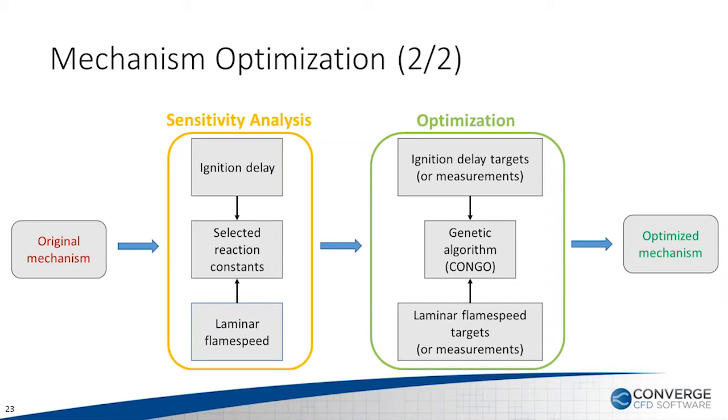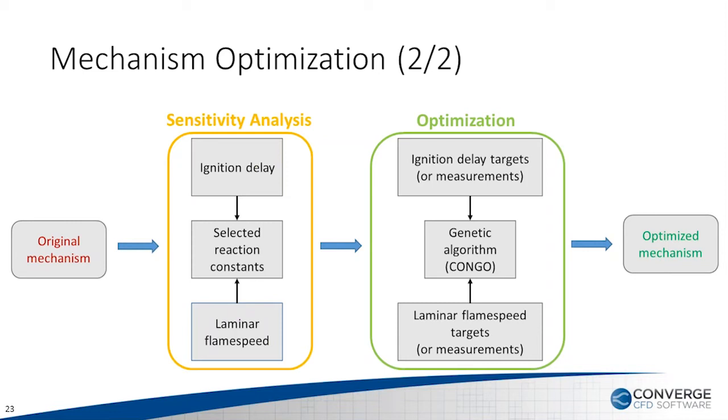This is a big picture of the optimization. First, let's say you have an original mechanism. The first step of optimization is to run sensitivity analysis to find which factors are important for your simulation.